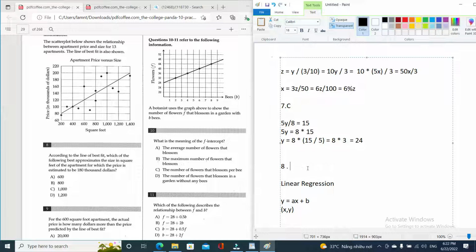So that's D. They want us to use the line to find the area for the given price of 180. So we go from 180 horizontally to touch the line, then drag down vertically to see the value, which is 1,200. So D. Okay. 9.